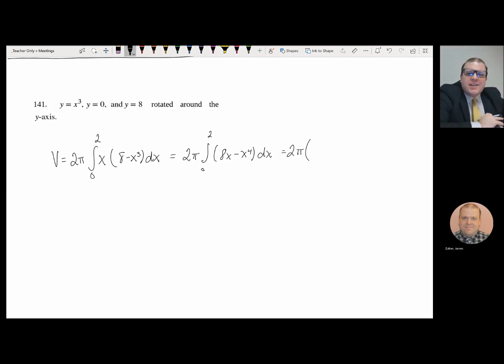All right, so 8x integral from 0 to 2. We're going to get 4x squared from 0 to 2, which is 16, right, 4 times 4, minus 2 to the 5th over 5. Yes, of course. So that's what? 80 minus 32 over 16.